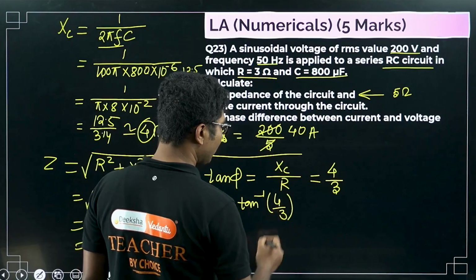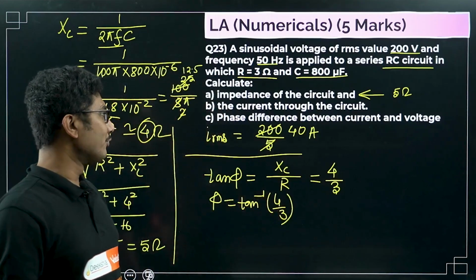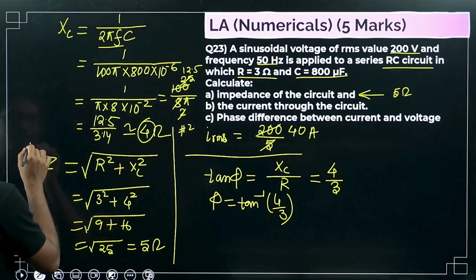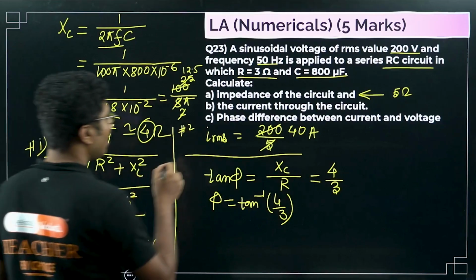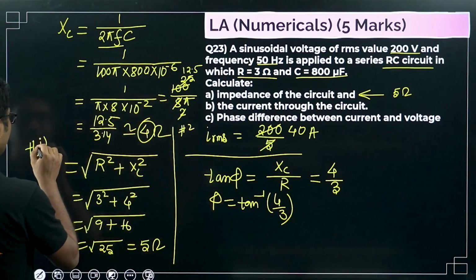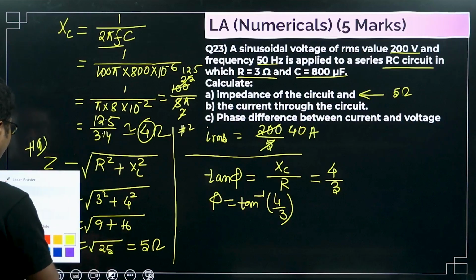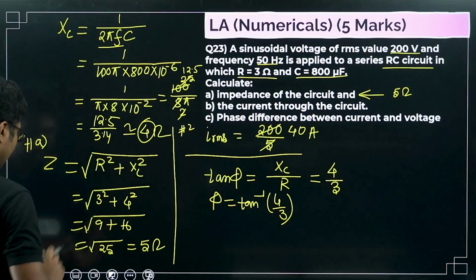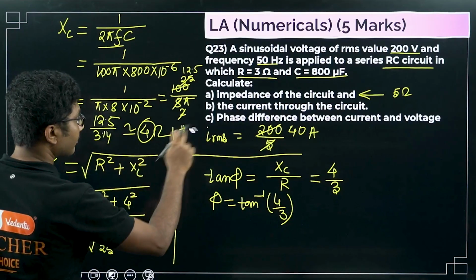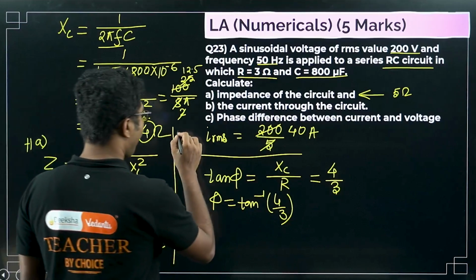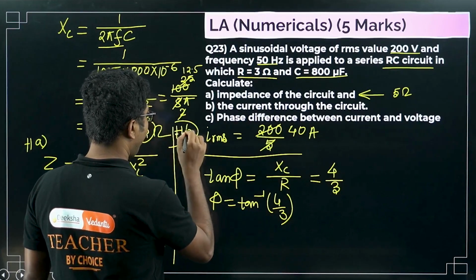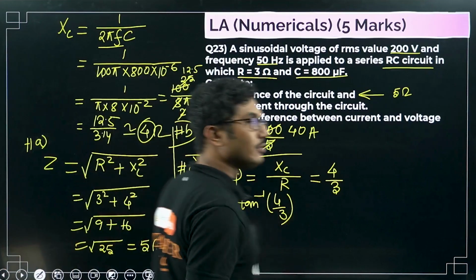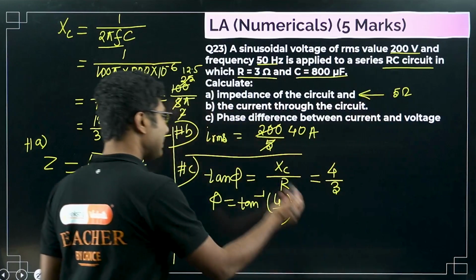There is no harm in leaving this answer here to get full marks. This is part 1, part 2, that is part A, this is part B, and this is part C. But this is a very known value.